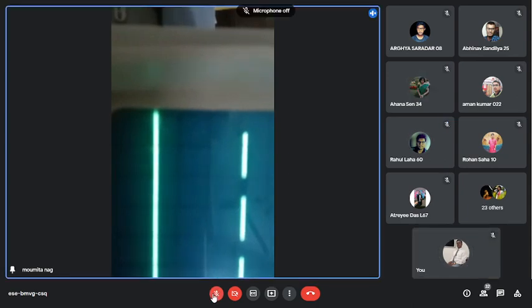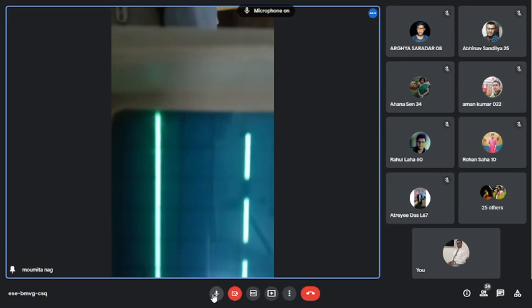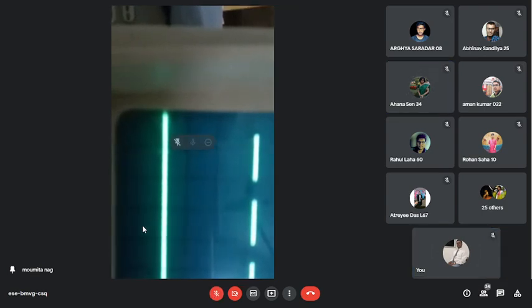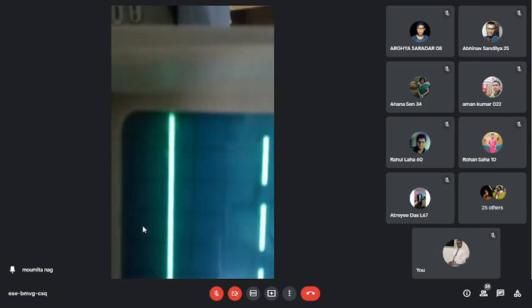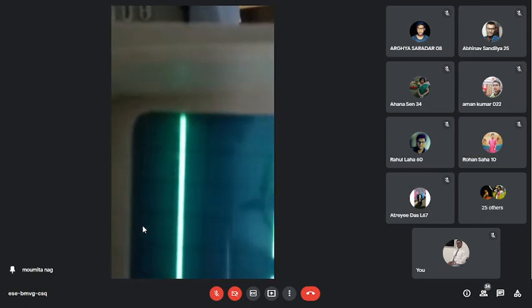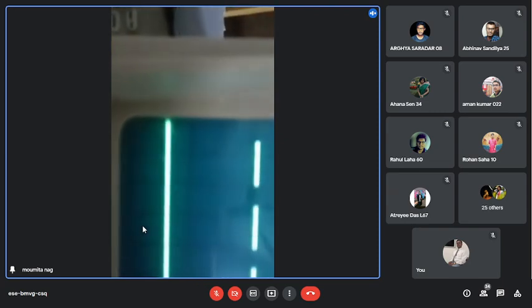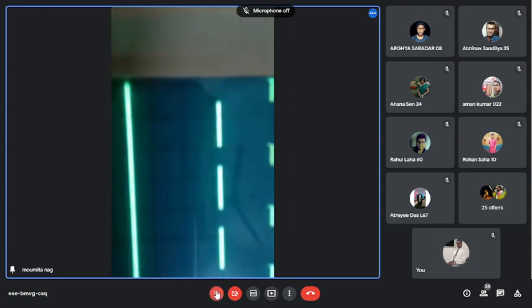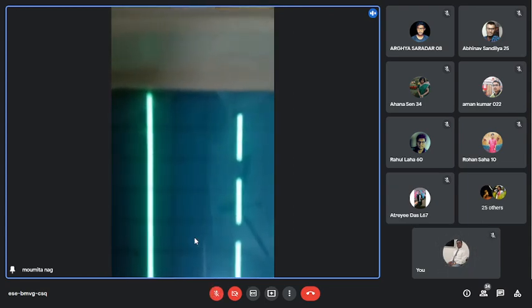Then how much is the T on time, if there are 3.5 small divisions? 0.35. Yes, it is correct. So T on period is 0.35 millisecond.